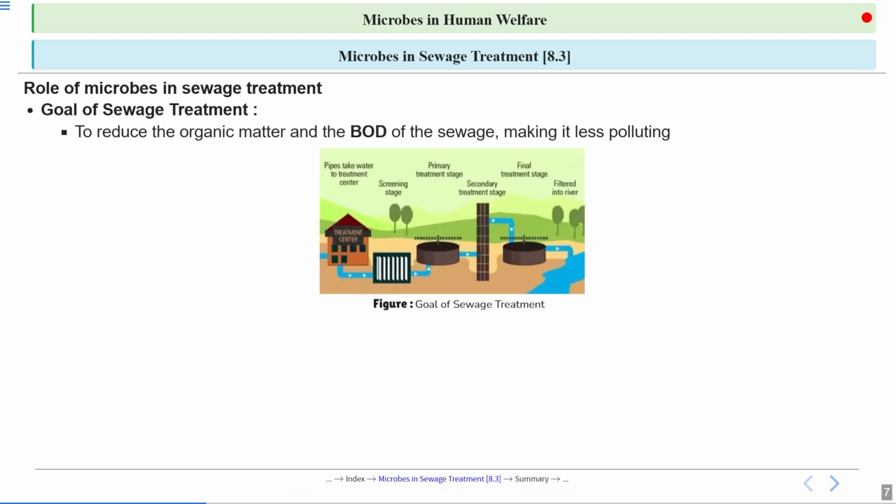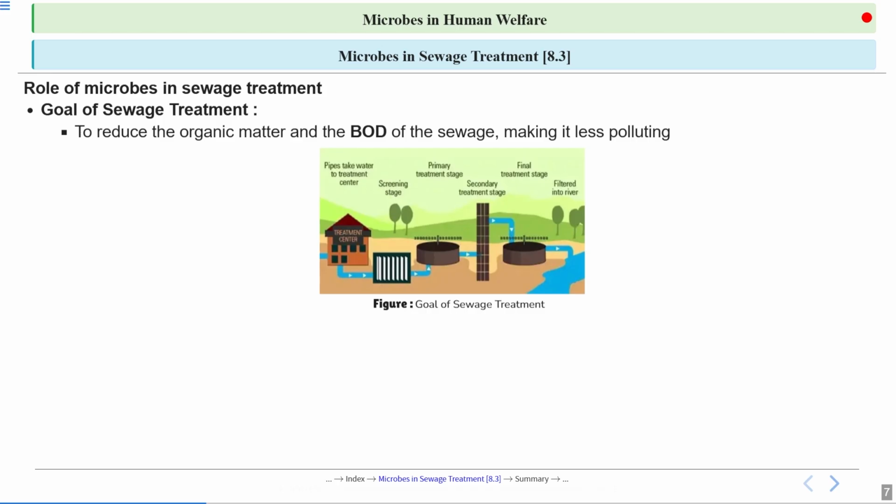Sewage consists of all the organic matter or waste from your homes. Then there is a screening stage, then the primary treatment stage, followed by the secondary treatment stage, then a final treatment stage, and the filtered water is now poured into the rivers. Now this water is safe for aquatic life.